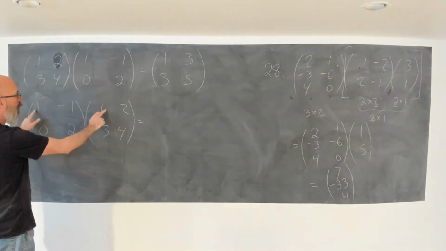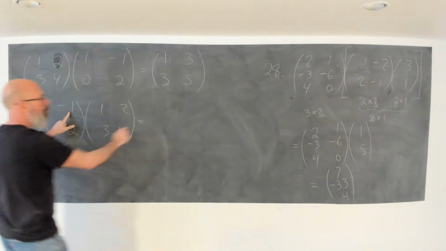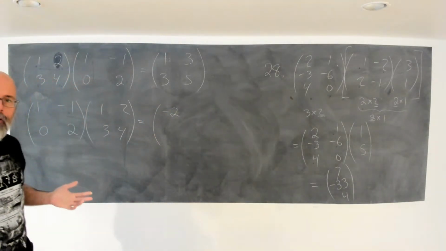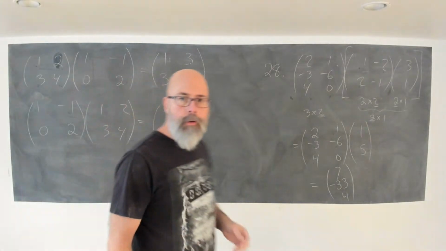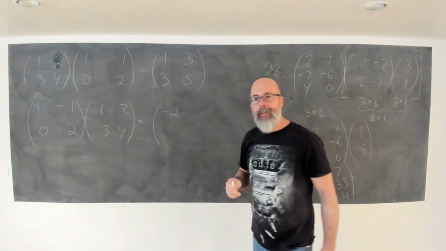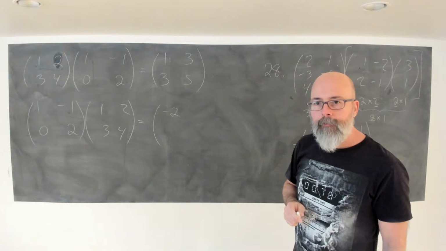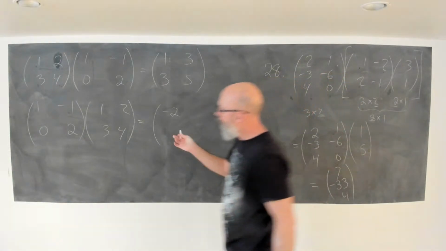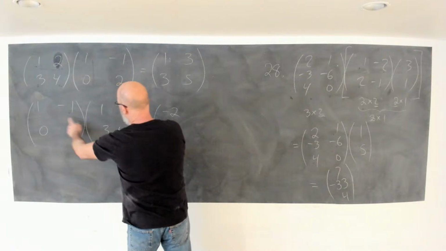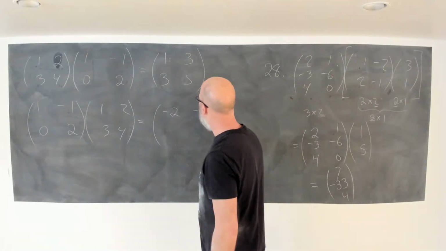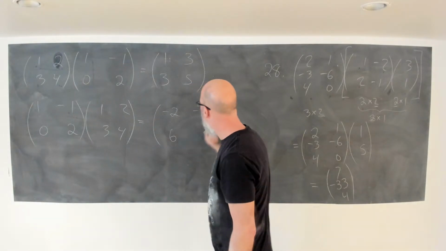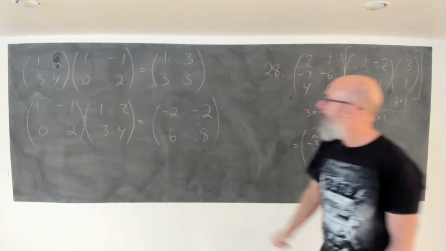First row times first column, 1 minus 3 is minus 2, and already we see what's happening. The product is obviously not going to be the same. Just keep going. First row, second column, 2 minus 4 is minus 2. 6 and 8. There it is.